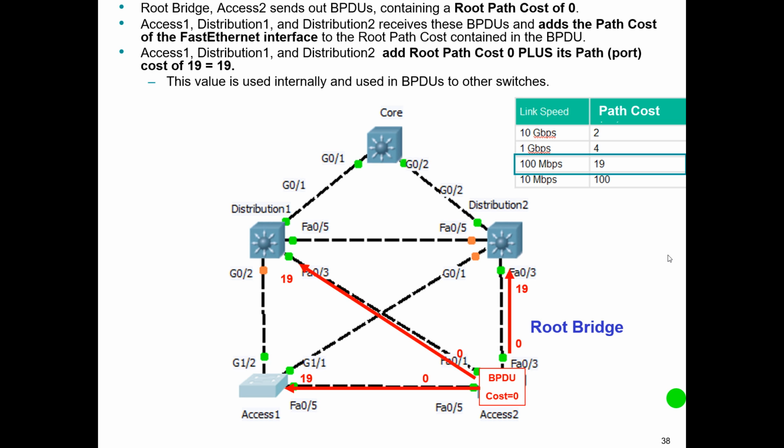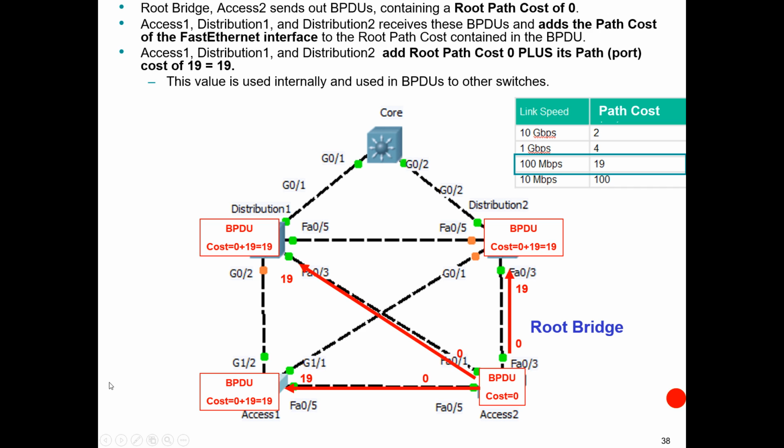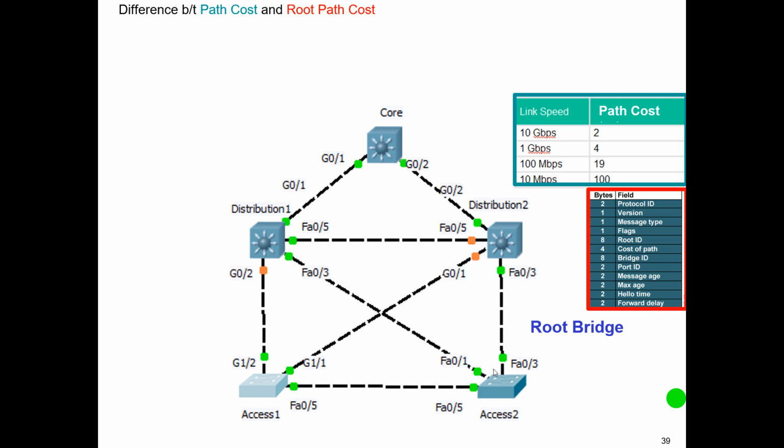So this value is used internally and used in the BPDUs to the other switches. So now that they know the path costs, we can start figuring out what ports we want to keep on.